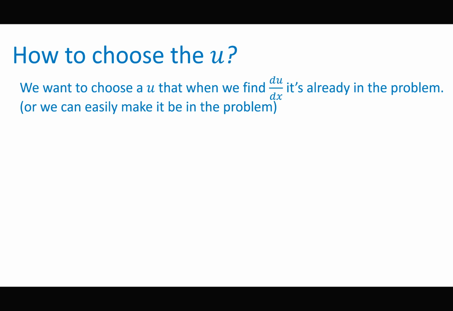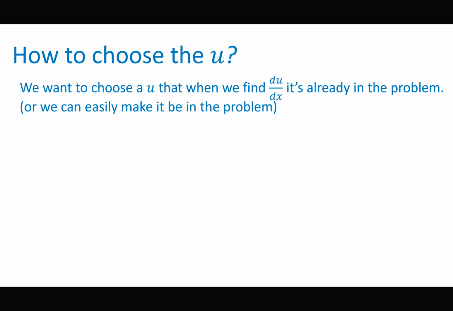Sometimes it's trial and error to figure out what your u value will be. And that's the hardest part of these u-substitution problems. In your Math Excel assignment, the first few are going to tell you to use u as this. But then they're going to take that away, and you have to determine what you want u to be. We want to choose a u that when we find du dx, it's already in the problem.